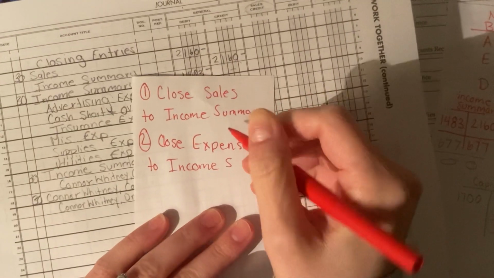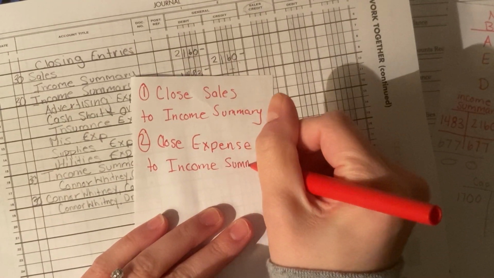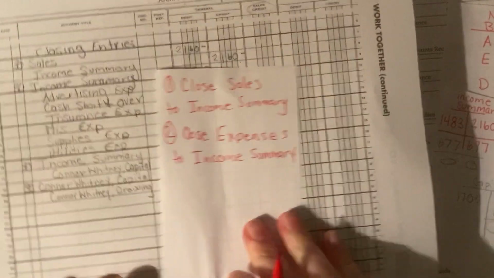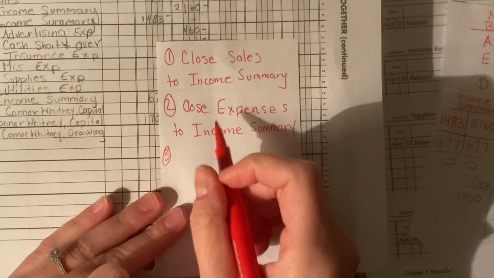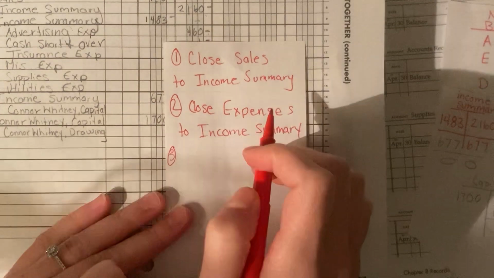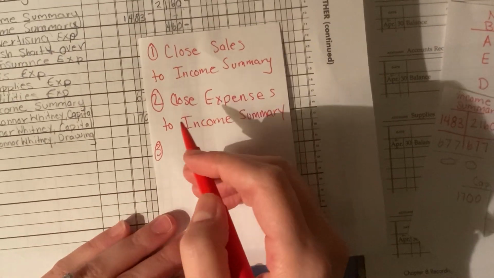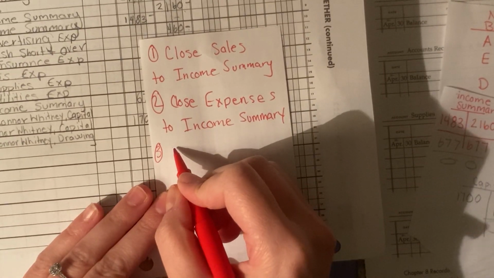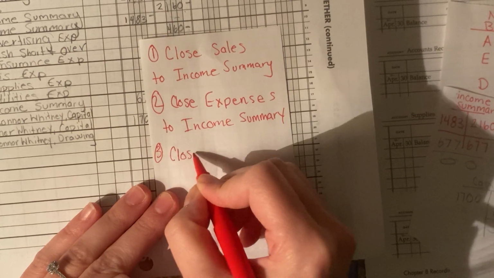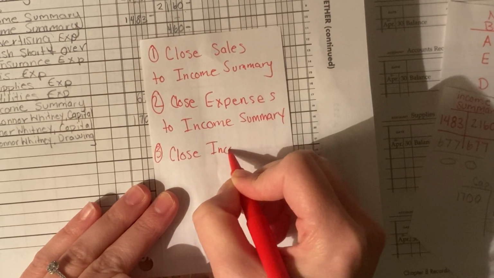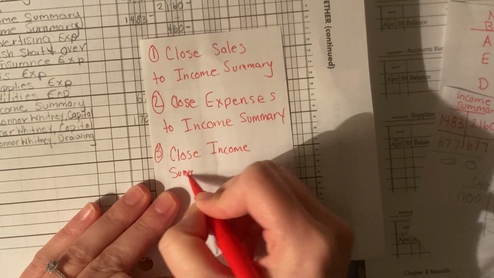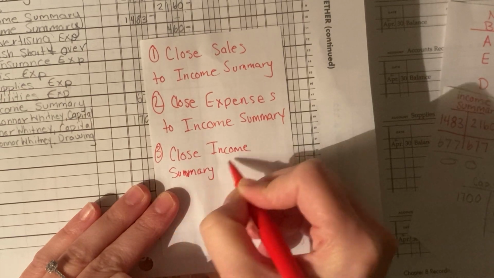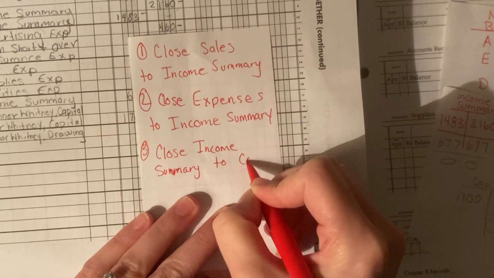We need this income summary account so we can keep track of things. Then the third, this is just standard practice. Why do we do that? Standard practice, it's what we do in the accounting field. 3, we close income summary to capital.